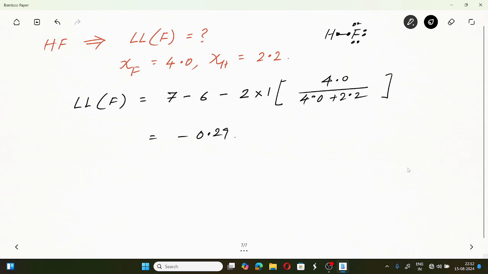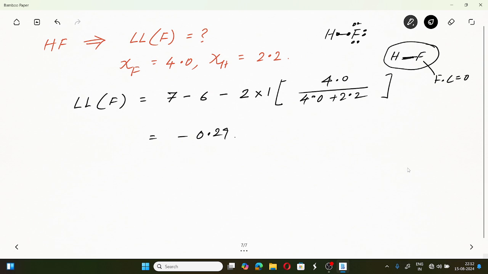Now this is more meaningful, because normally if we just consider the formal charge by the previous formula, it will be 0. But in reality it is not 0 because fluorine is more electronegative.